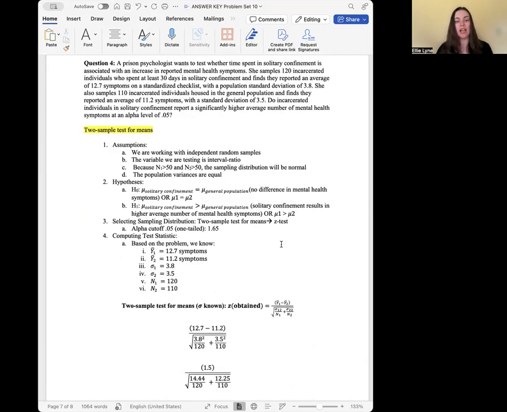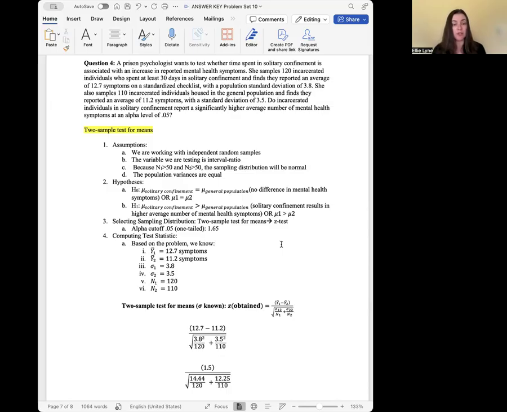A prison psychologist wants to test whether time spent in solitary confinement is associated with an increase in reported mental health symptoms. She samples 120 incarcerated individuals who spent at least 30 days in solitary confinement and finds they reported an average of 12.7 symptoms on a standardized checklist with a population standard deviation of 3.8.